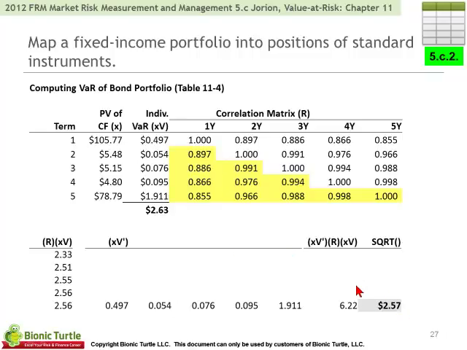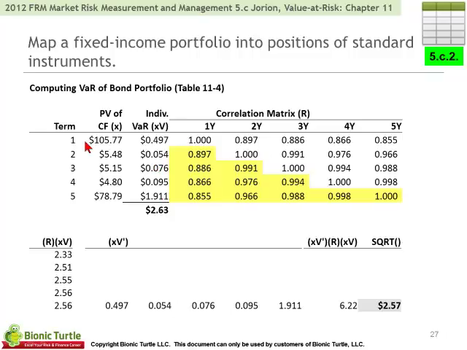But conceptually, Jorion's taken the 5-year term structure here, and then based on the present value of the cash flows in the portfolio, and then the individual VARs, so that's going to be that risk that we earlier looked at, the value risk of the price multiplied by the cash flow.